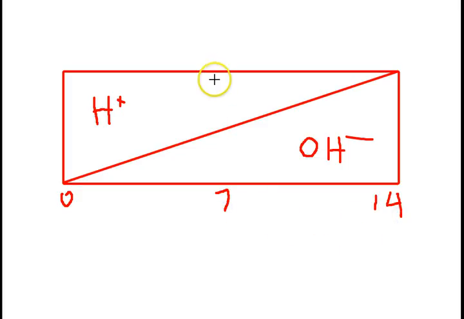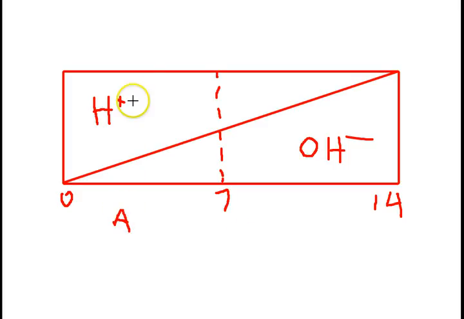Okay. Now, right here, there's supposed to be a dotted line coming down there. And right there at pH of 7, the amount of hydrogen ions is equal to the amount of hydroxides. Down here in the acid range, I'm just going to put an A for acid right there.